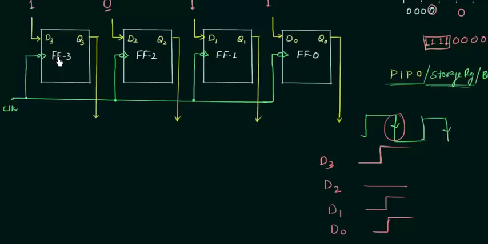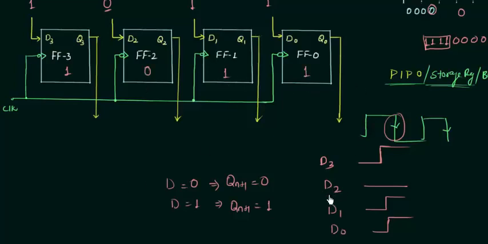And we very well know that in case of D flip-flop, if D is equal to 0, this implies that the next state Qn plus 1 is also equal to 0. If D is equal to 1, it implies that the next state is also equal to 1. So D3 is 1, so the data that is going to be stored in this flip-flop is 1. In the same way, here we have 0, 1 and 1.